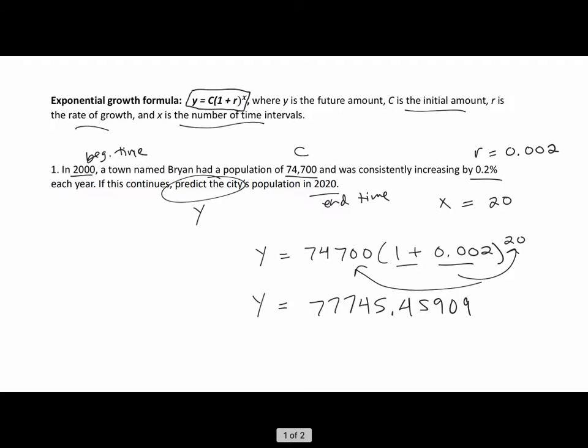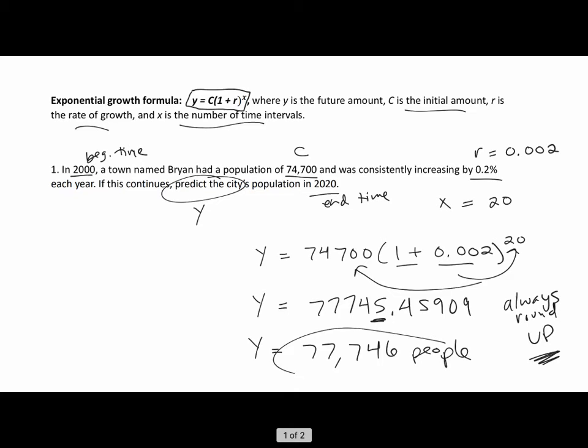So I'm going to round to the nearest person and always round up. Always round up when you're talking about exponential growth. So 77,746 people. That'll be the population in 2020, expected population based on this rate of growth.